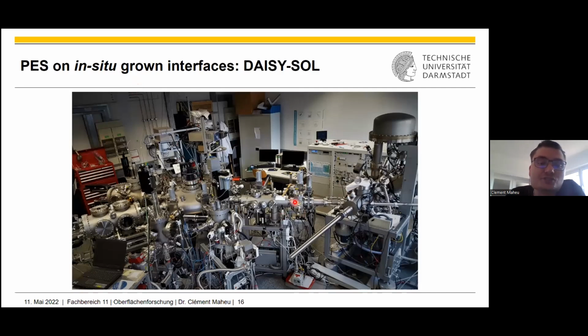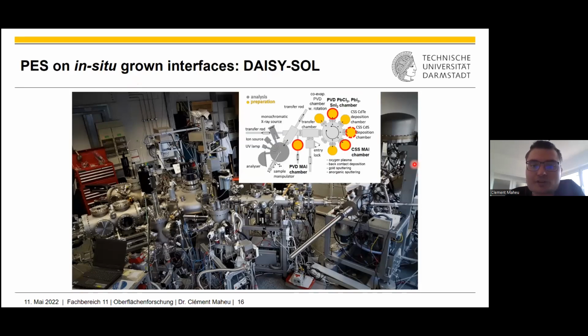And for that, you need such a system, an integrated system that in Darmstadt we call DAISY-SOL. You have here the analytic chamber, and then you can go and prepare whatever you want inside your machine, like perovskite, or you can go in some organic chamber to put some hole extraction layer.